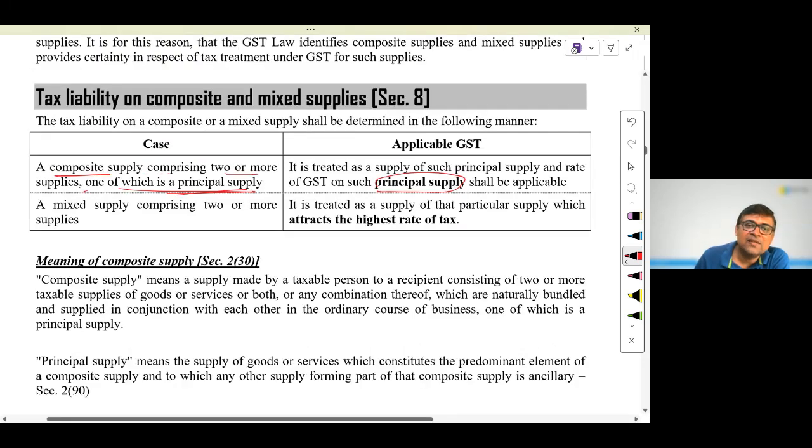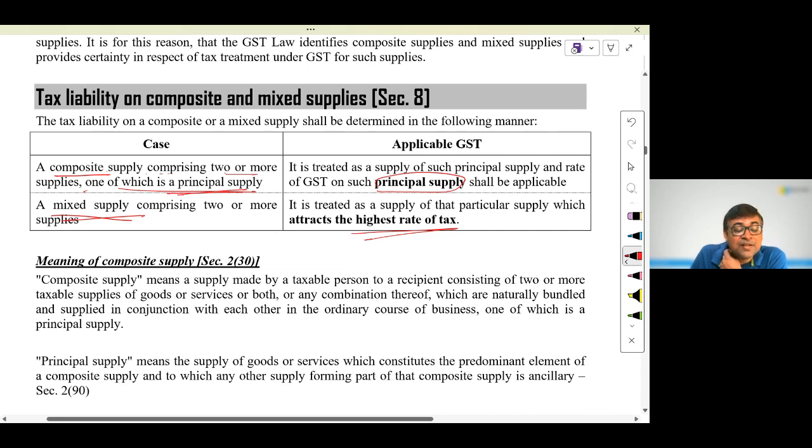In this case where 3 lakh worth of A and B are supplied, if A is the principal item, then the entire 3 lakh would be chargeable to GST at the rate of 18%. However, where B is the principal item, then the entire 3 lakh would be subject to tax at the rate of 12%. However, if this case is of mixed supply, then the highest rate of tax is applicable.